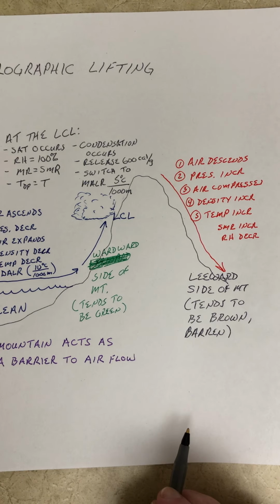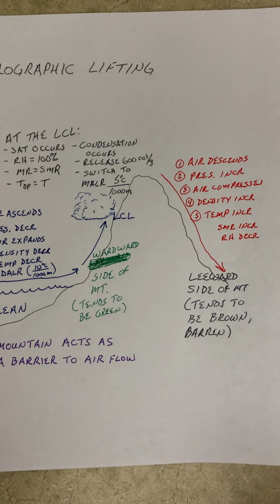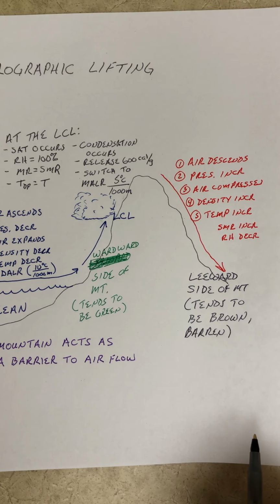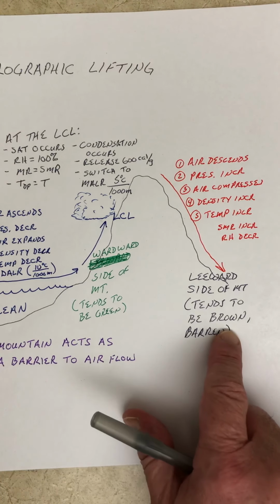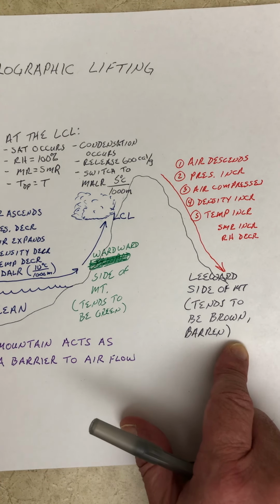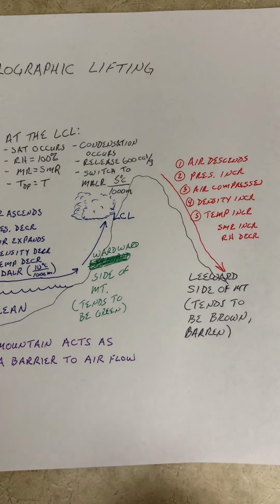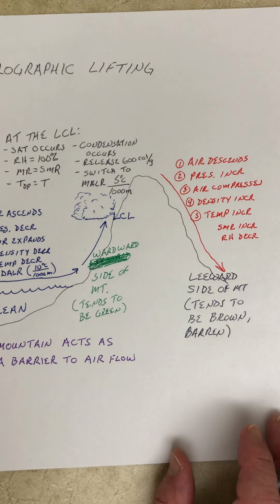Think of tumbleweeds on this side. So think of the Rocky Mountains. So in New Mexico, Colorado, Wyoming, Montana, the leeward side of the Rocky Mountains tends to be really dry. Okay, and so as a result, very brown, pretty desolate, not much vegetation, scrub brush, cacti, that sort of thing.